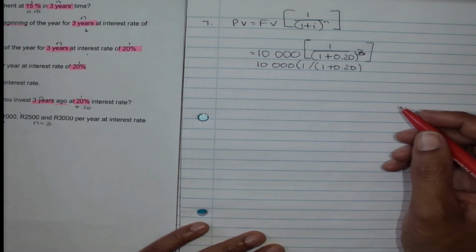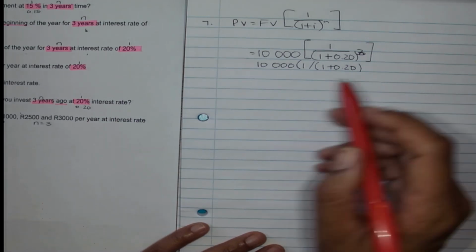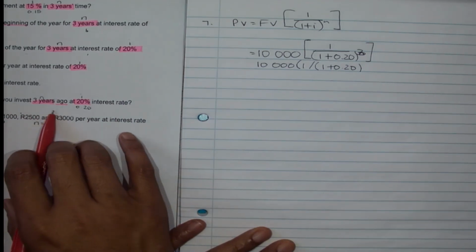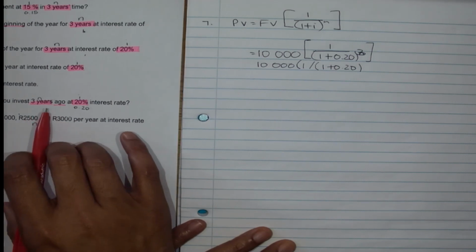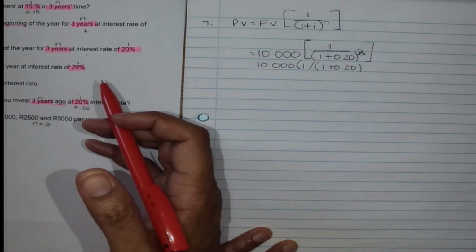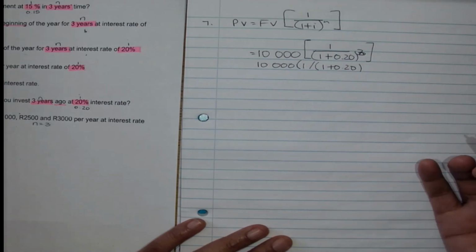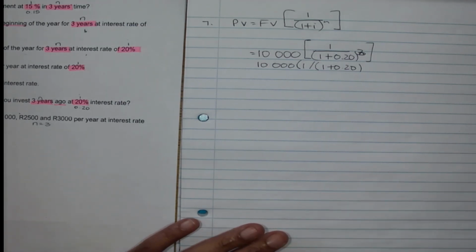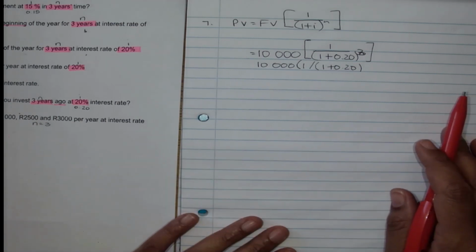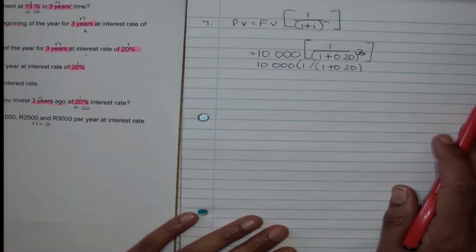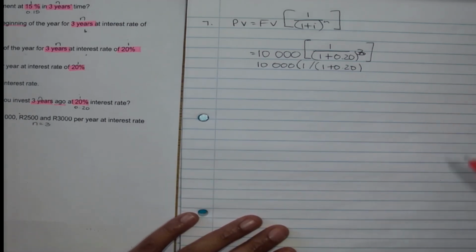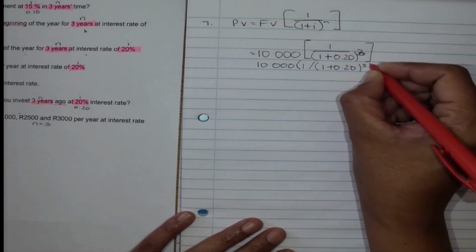Now remember, this is 10,000. It's just for 3 years, right? You can either calculate it per year, if they want it per year, or you can just calculate it as one, depending on what the question is asking. So 3 and close bracket.